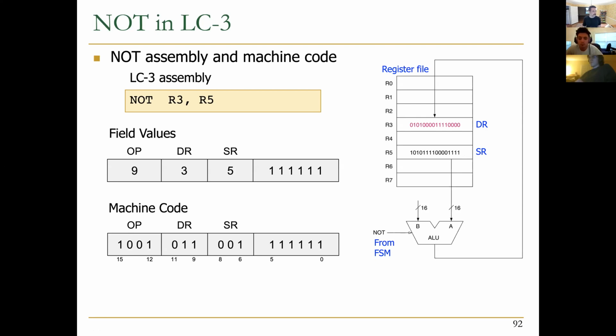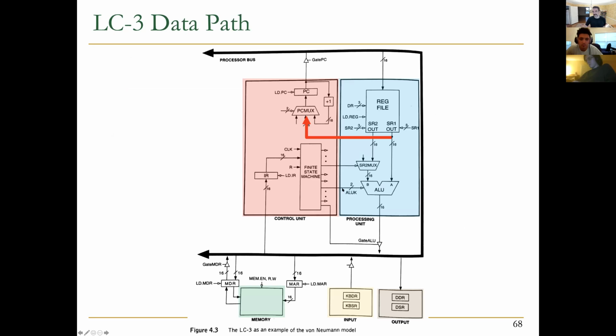And again, to make it a lot clearer, let me remind you about this. So here you had the finite state machine. You remember the whole cycle. You now have the particular encoding of the NOT instruction in the IR, right?